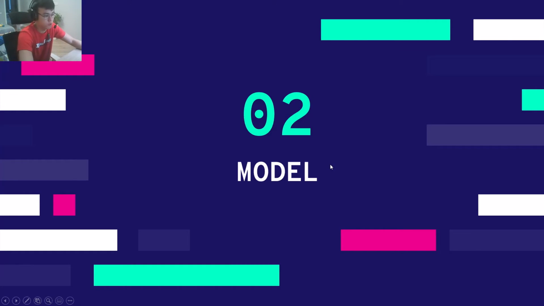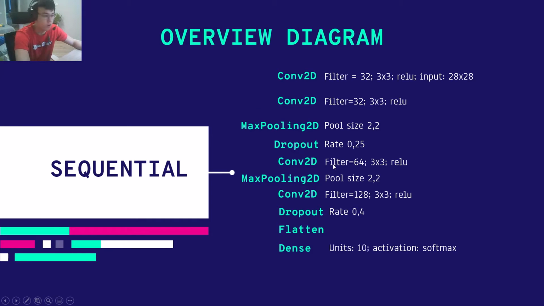Okay, let's talk about the model. Here we're going to use a sequential model, which is a linear stack of layers. First we initialize it and then add layer by layer. The first layer is Conv2D, a 2D convolutional layer, with 32 filters, kernel size 3 by 3, activation ReLU, and input 28 by 28.